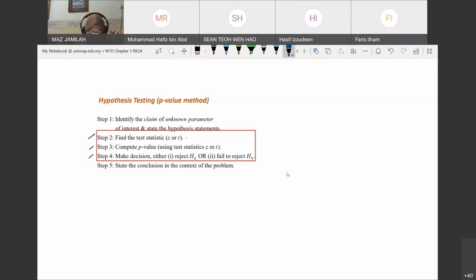So the second step will be finding the test statistic, calculating your Z if your n is greater than 30, and if your n is less than 30, then you need to calculate your t. Now, the third step will be to compute your p-value. This p-value is based on the test statistic that you calculated in the second step. Making the decision is still the same at the fourth step, but it will be based on the value of p as well as your alpha.